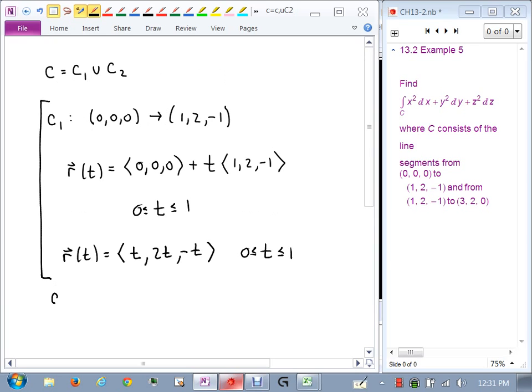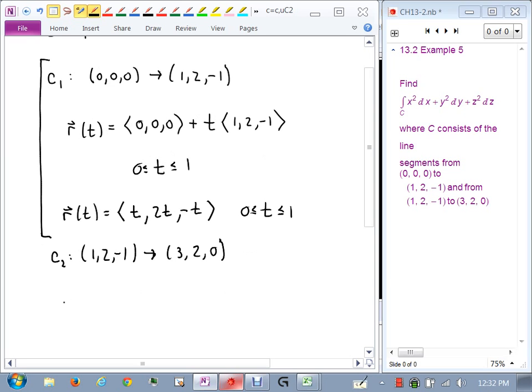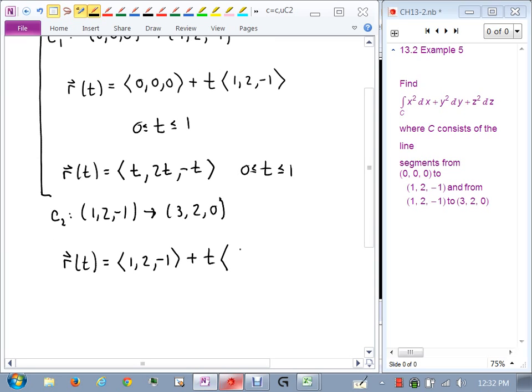C2 is a little different. C2 goes from the point (1, 2, -1) to the point (3, 2, 0). So what's the r of t here? Starting out at (1, 2, -1) as a vector, plus t times my direction vector, which is (2, 0, 1).